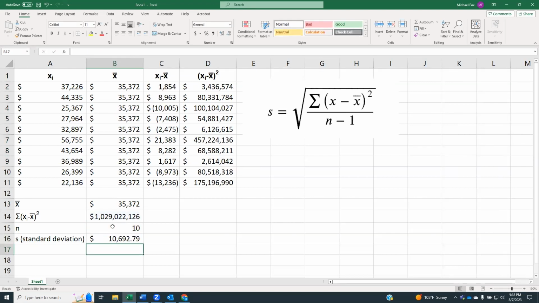Oh, and look, it comes out to the exact same number we got when we used the formula of stdev.s. Okay.